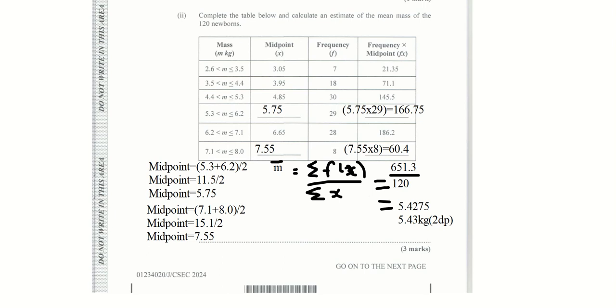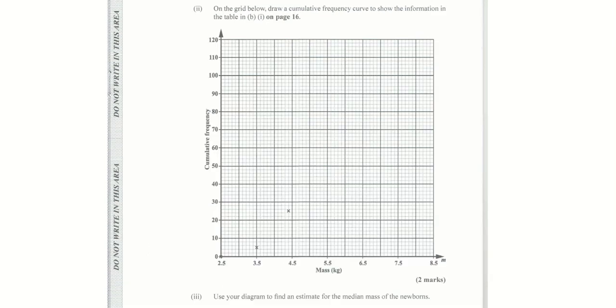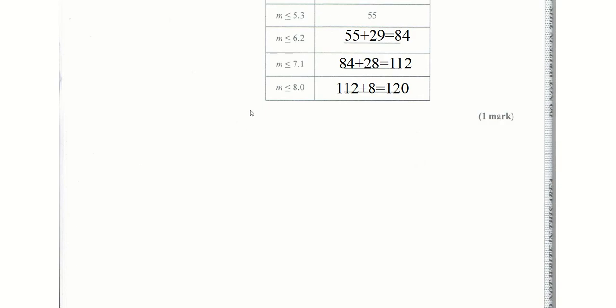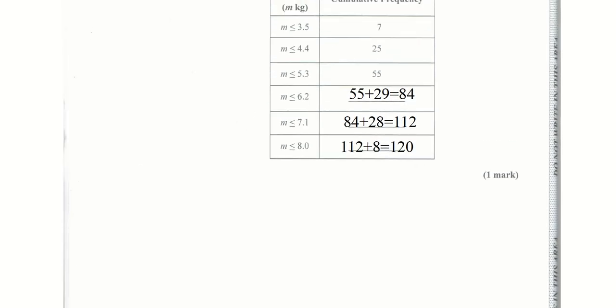When our mass was 3.5, the cumulative frequency, we have the table here if you need it, would be 7. So at 3.5, the frequency is 7.